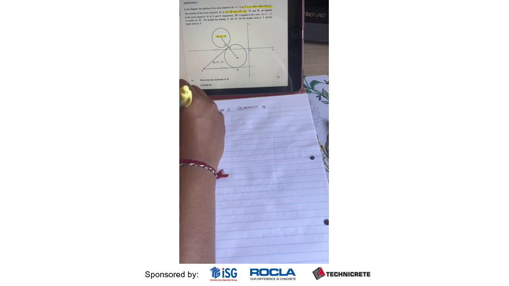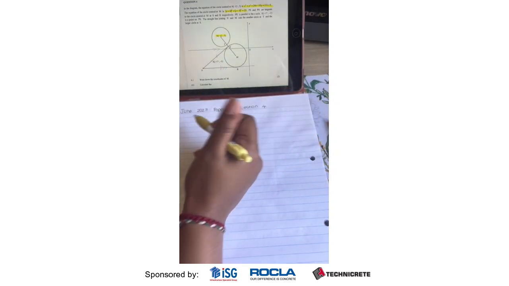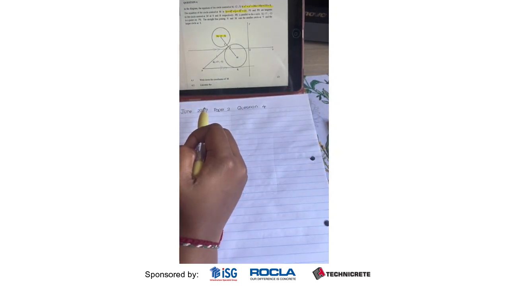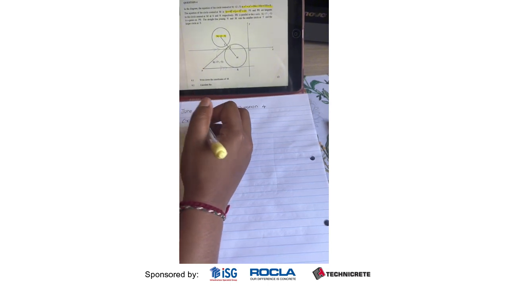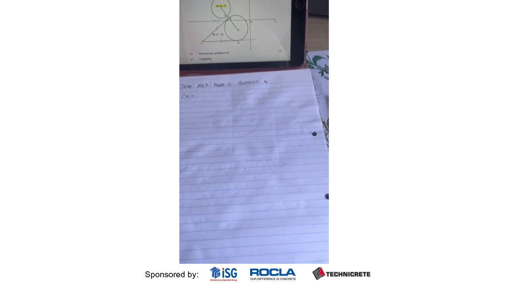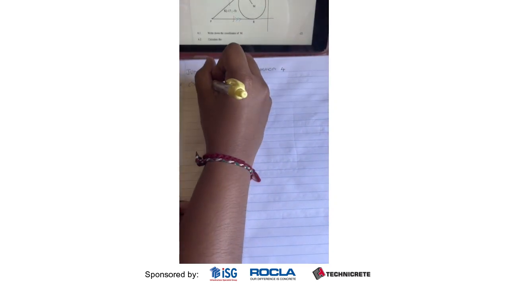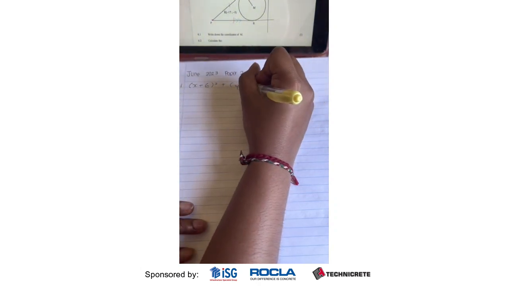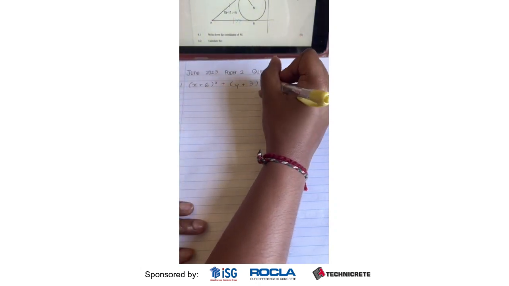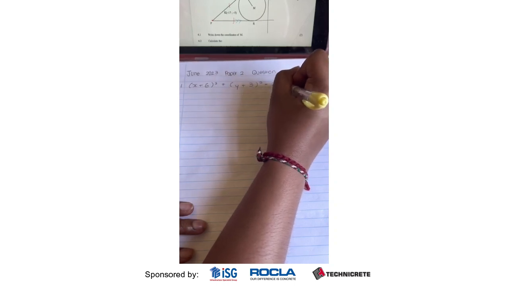So this is 4.1 and we get given the equation of the circle M, which is (x plus 6) squared plus (y plus 3) squared is equal to 25.